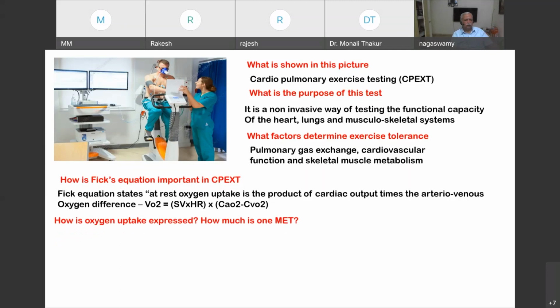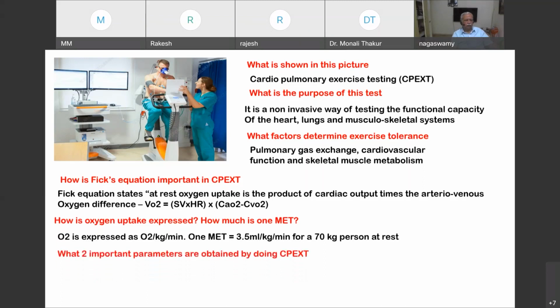Oxygen uptake is expressed as oxygen per kilogram per minute, which is 3.5 ml per kg per minute for a 70 kg person. What two important parameters are obtained by doing cardiopulmonary exercise testing? VO2 max and ventilatory anaerobic threshold.